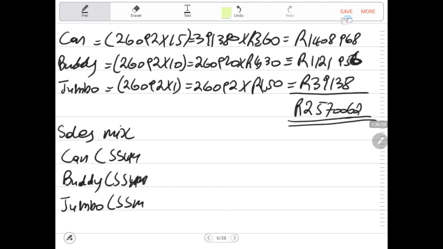Standard sales mix: how much was supposed to be mixed in terms of standard. Our standard information is telling us that for every 15 units of a can, 10 units of a body and 1 unit of jumbo are sold.